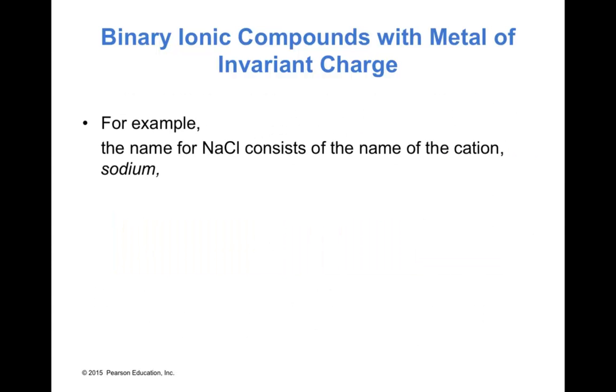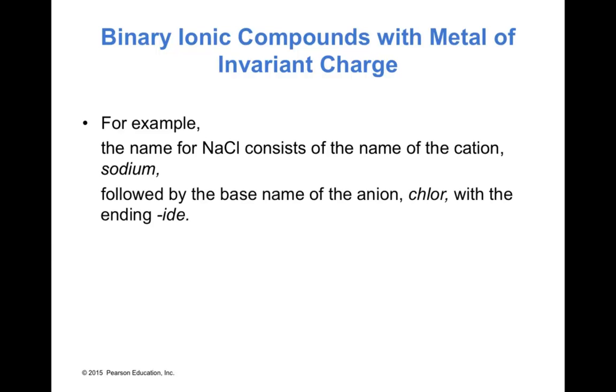So for example, the name of NaCl consists of the name of the cation, that is sodium, followed by the base name of the anion, that is chlor, because this is from chlorine, but with the ending IDE. So that's why the name is sodium chloride. So we use the name of the metal for the cation, and we use the base name of the element that produced the anion, and we add the ending IDE.